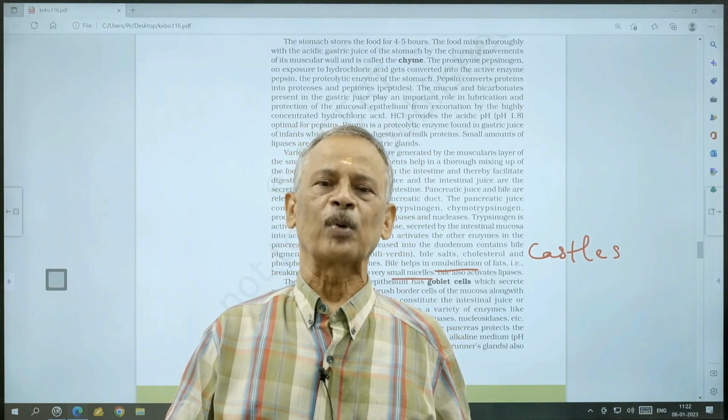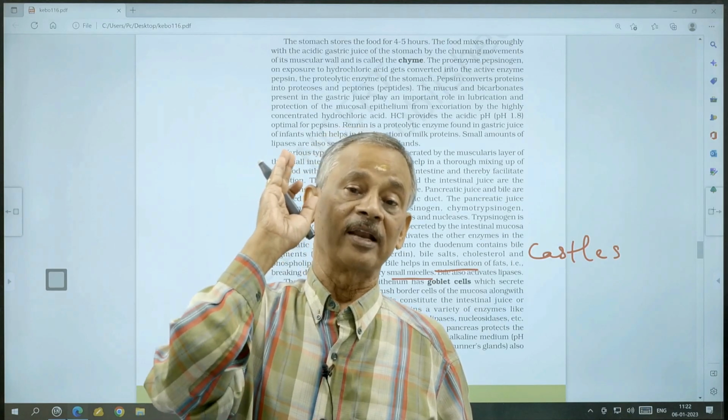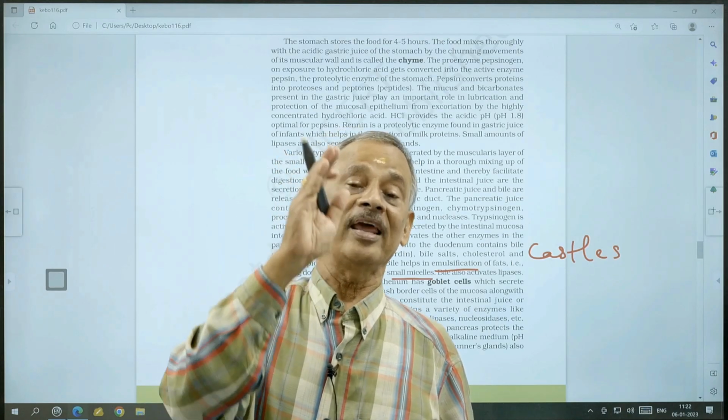Pancreas is producing enzymes which require an alkaline medium.